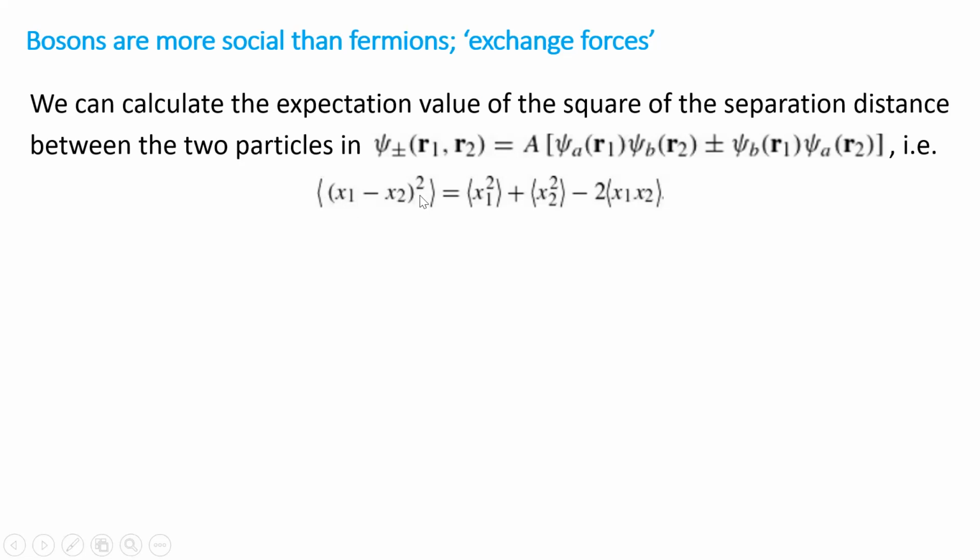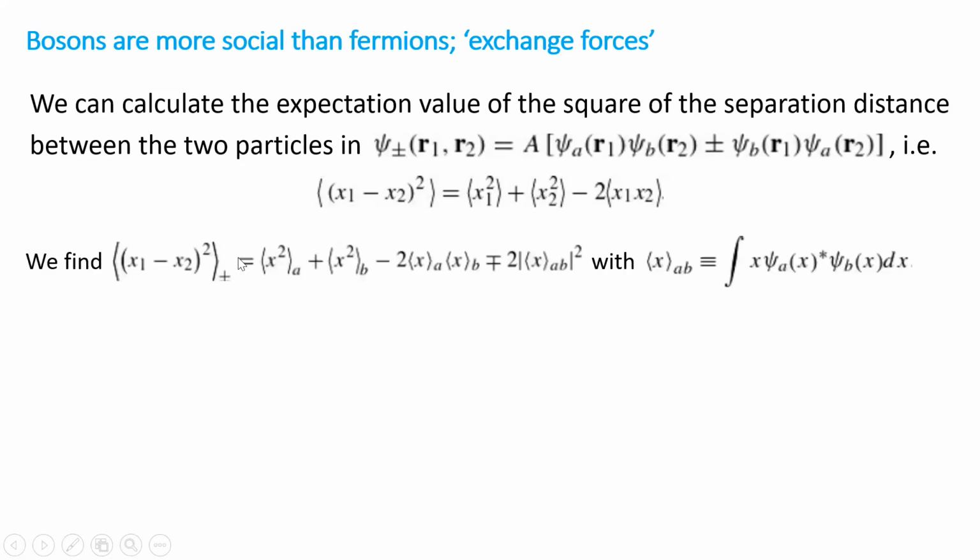Okay, so we calculate this. It's a little bit involved, but it's done for this combined wave function in the textbook for both the symmetric state, which is the boson state, and the antisymmetric state, with the minus, which is the fermion state. And this is what we get.